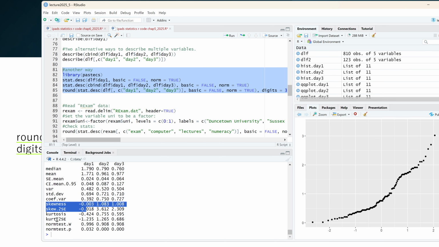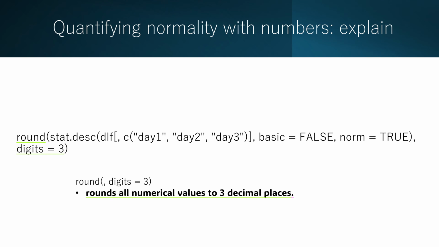We can see the kurtosis, skewness, and normal test here. So unfortunately, the normal test p-values are 0.03, 0.00, 0.00. So all of day 1, day 2, day 3 are not normal. That is the result.